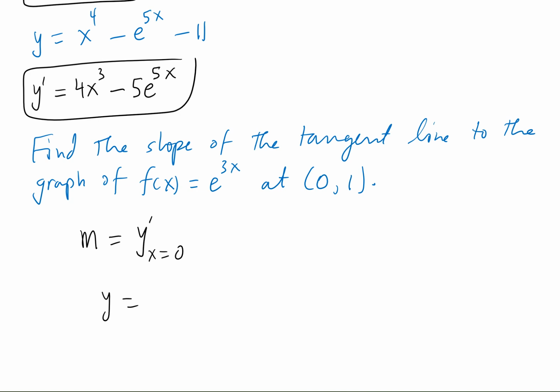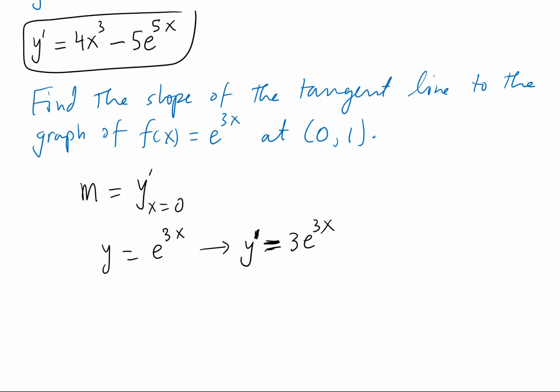So again, y equals e to the 3x, y prime is 3e to the 3x. If we evaluate it at x equals 0, e to the 3 times 0, which is 3. That would be the slope of the tangent line.